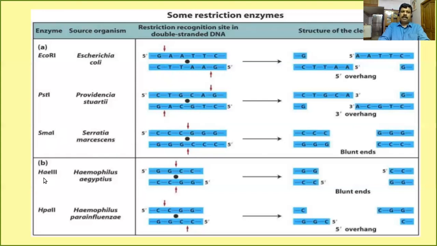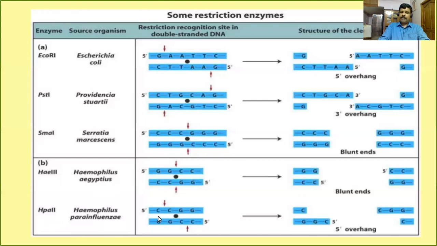The fourth one is HaeIII. It is obtained from a bacterium, Haemophilus aegyptius. Its recognition sequence is GGCC. It also creates blunt ends. The last one, HpaII, is obtained from a bacterium named Haemophilus parainfluenzae.